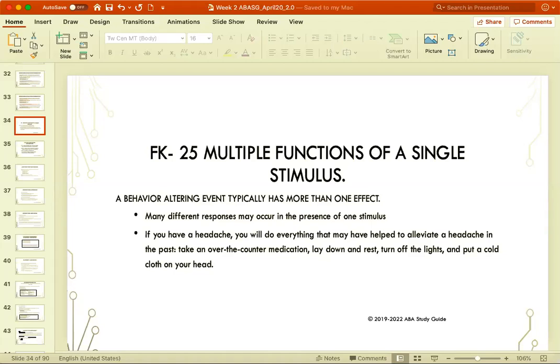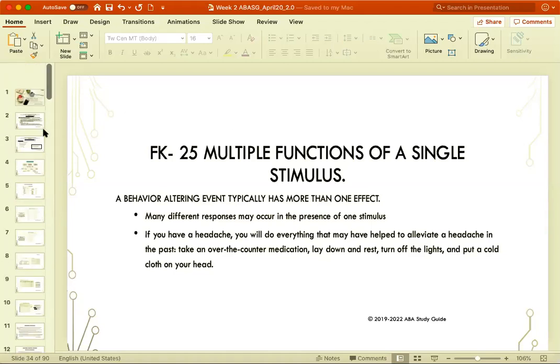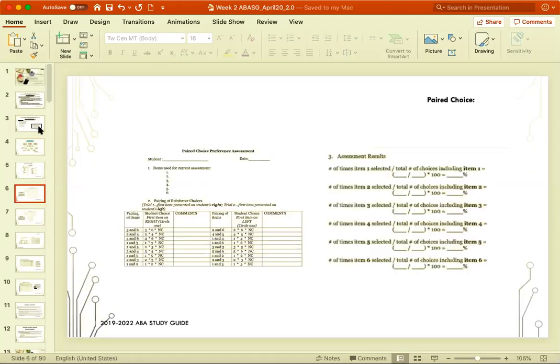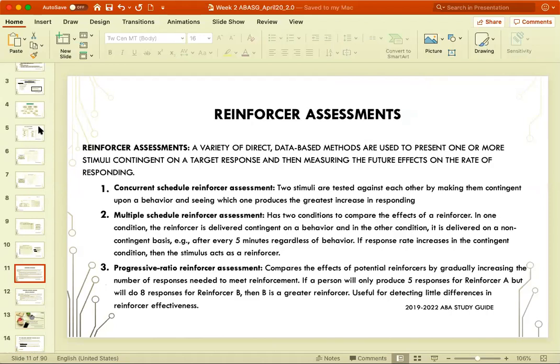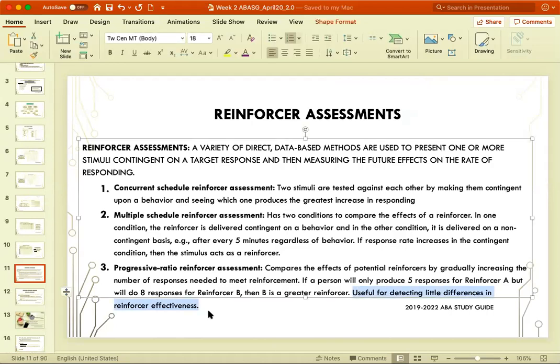Because it talked about detecting little differences in reinforcer effectiveness. That was the key that pointed out to me, okay, we're going to do a progressive ratio reinforcer assessment and try to detect a small difference in the effectiveness of Netflix over the iPad. Something like that.